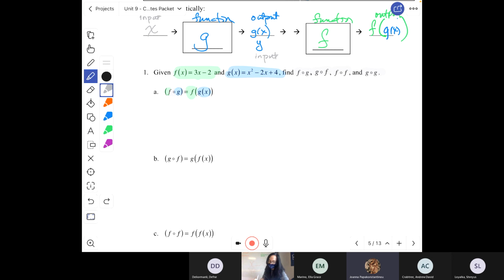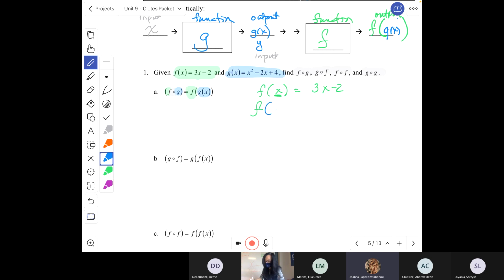So f of g. So the first thing I'm going to do is write f of x. I'm going to start with f of x because it's the big one on the outside. So f of x is 3x minus 2. Now, what is going to be my input into x? My g of x, right?